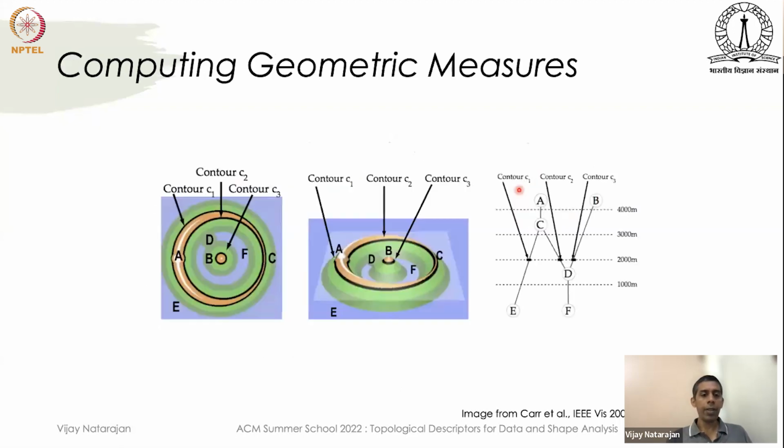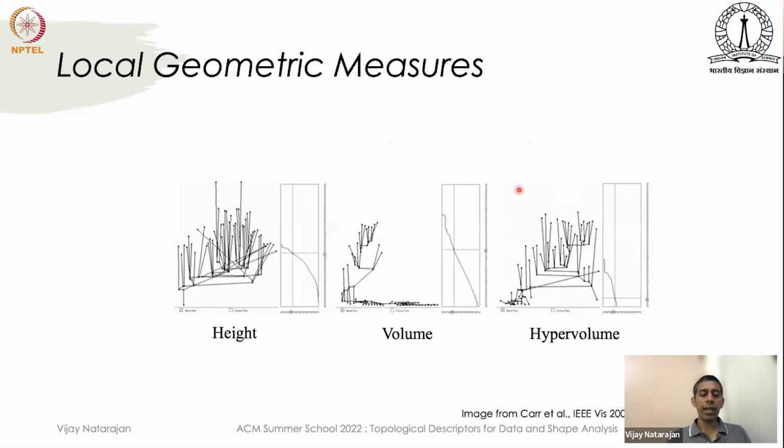Okay. There are different measures that can be used, so I'll skip this slide. There are other measures that can be used instead of the difference in function value to determine which arc to remove. Remember, earlier we used the difference in function value, which is called height here. You could use, for example, the volume.